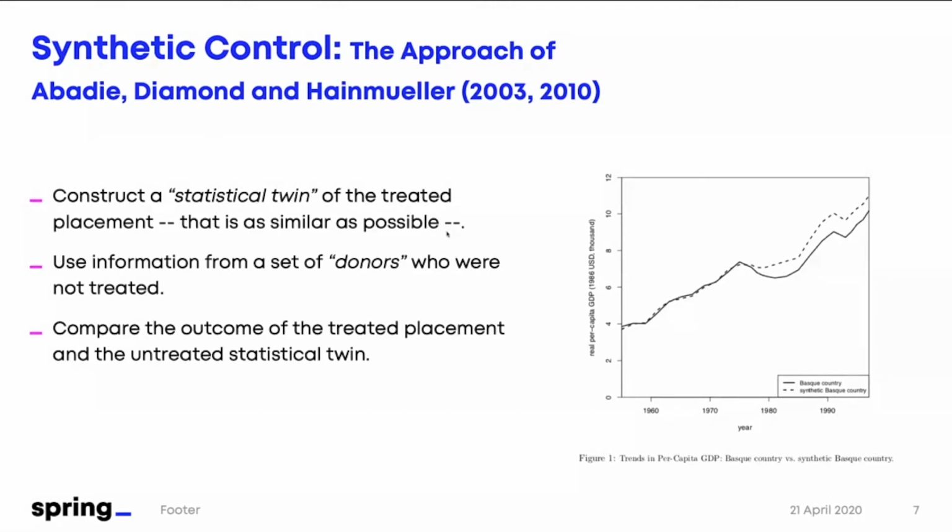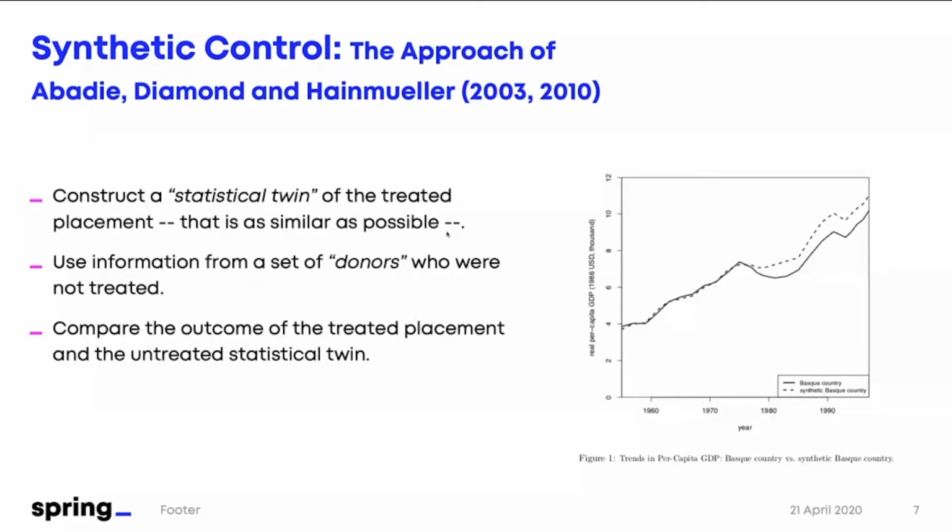So the idea is to create what's called a synthetic twin, which is basically created mimicking the treated placement, the one in which we change the floor, pretending that no treatment was applied.